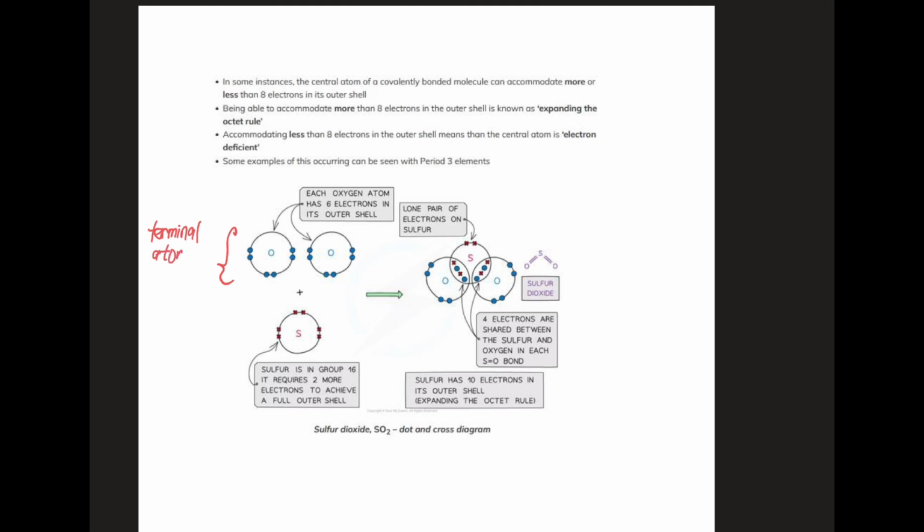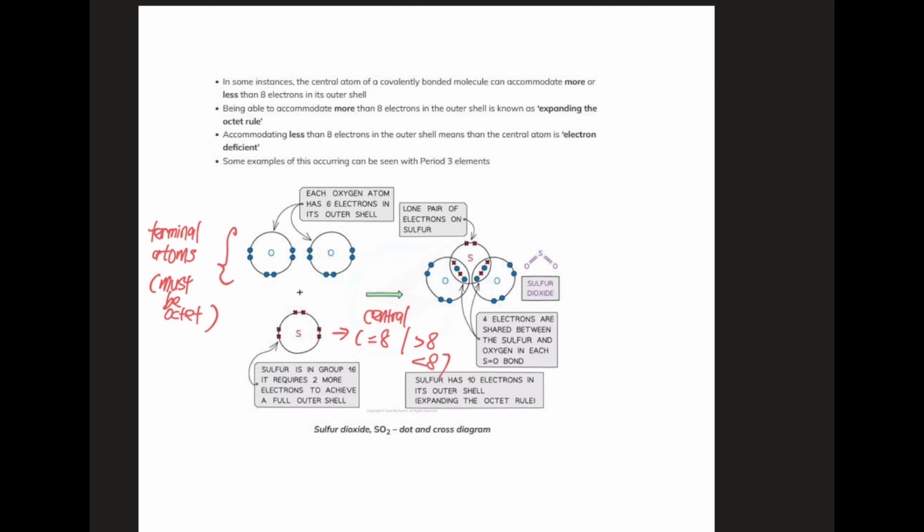Terminal atoms are basically the atoms that are not in the middle. So this one must be octet. And this is the central. Central, you have 3 options: equal to 8, more than 8, or less than 8. So 3 options here.